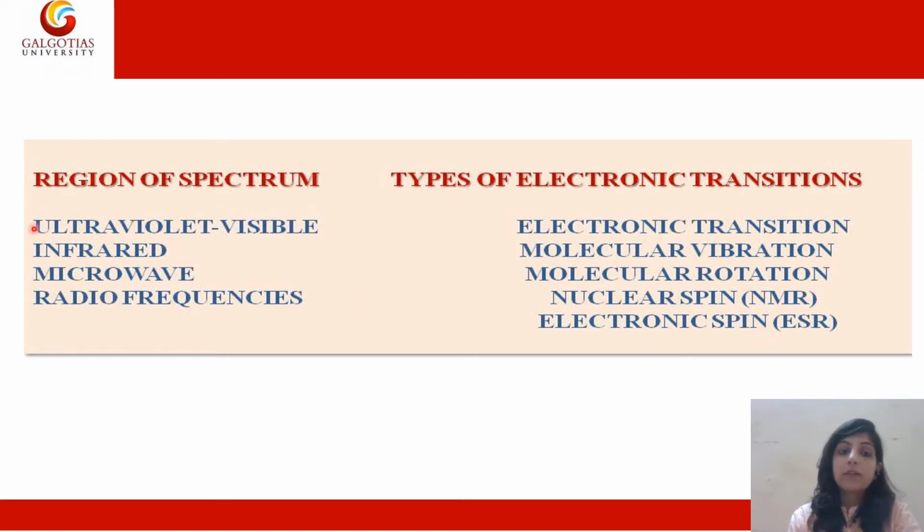So we have different regions of the spectrum and the type of transition occurring in each region: electronic transition in the case of ultraviolet visible, molecular vibration in the case of infrared, molecular rotation in the case of microwaves, and nuclear spin or electronic spin, which refers to NMR or ESR, in the case of radio frequencies.